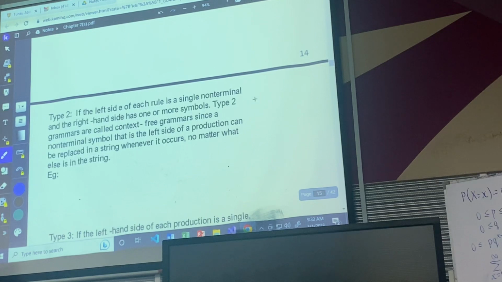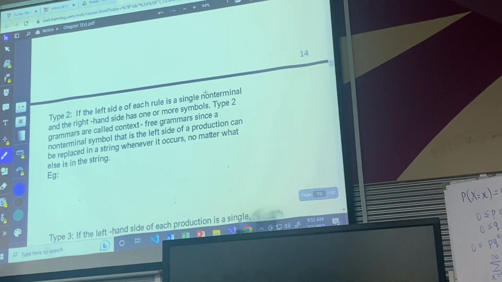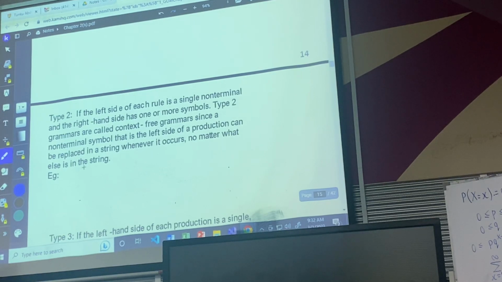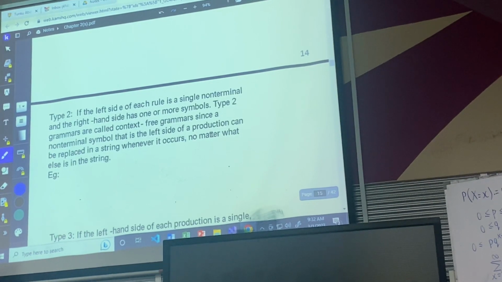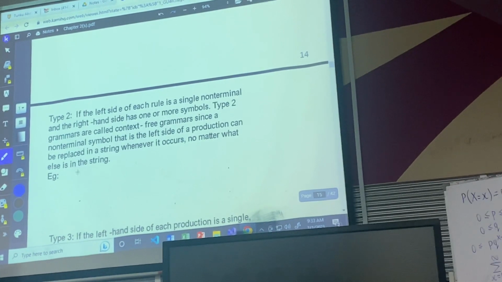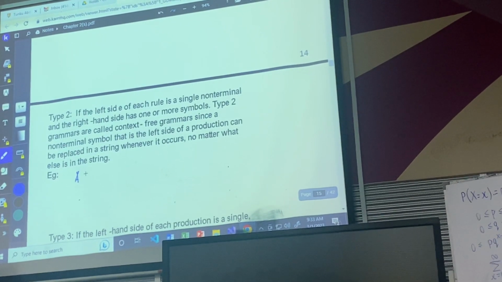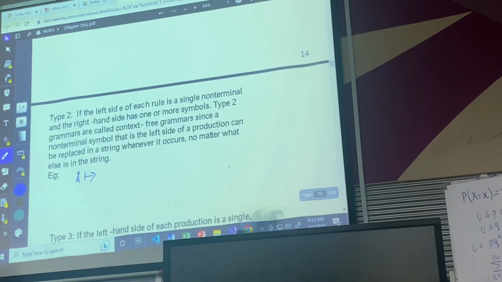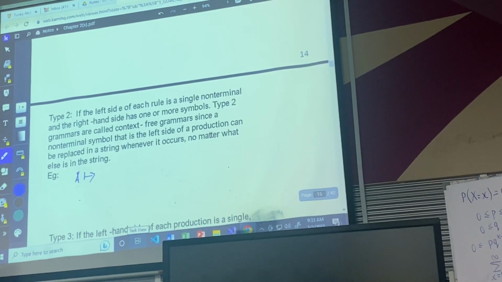Now, type 2. For type 2, the constraint is that at the left hand side there will only be a single non-terminal symbol. Single non-terminal means I can only have A at the left hand side. At the right side, it can have a terminal and non-terminal combination.